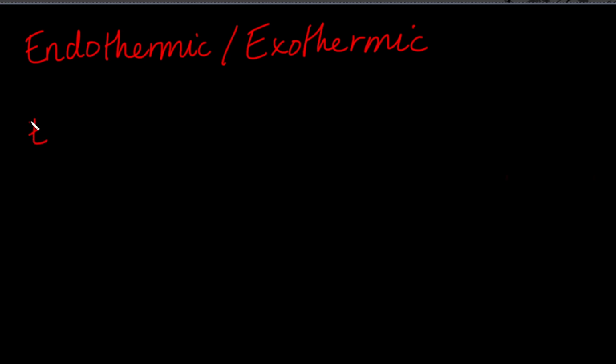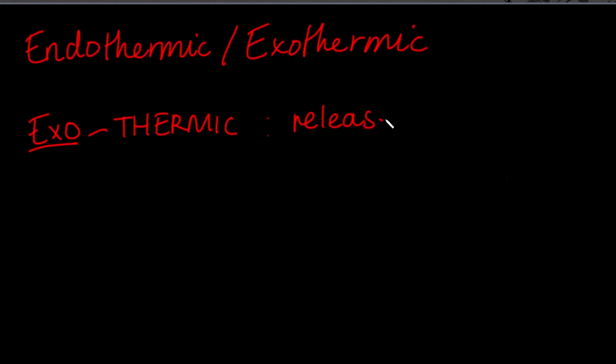So an exothermic reaction is a reaction which releases, exo meaning outside, therm, heat. So it's a reaction that releases heat. And a lot of reactions are actually exothermic. So if we think about combustion, combustion is a very common exothermic reaction, but there are many exothermic reactions out there, and we're going to begin to discuss them a little bit today.